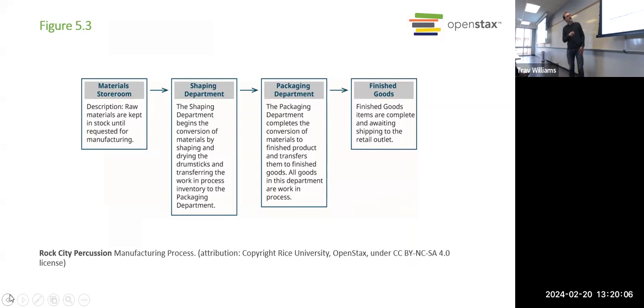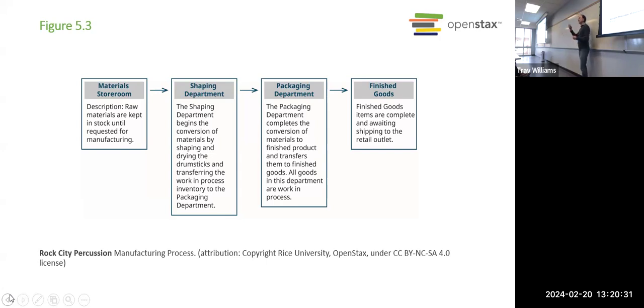So we would start with the raw materials. Shaping department takes those raw materials and they convert them, right? They add their labor and overhead to turn them into drumsticks. Then the packaging department takes those finished drumsticks, but they're not considered a finished product yet because they have to be packaged.